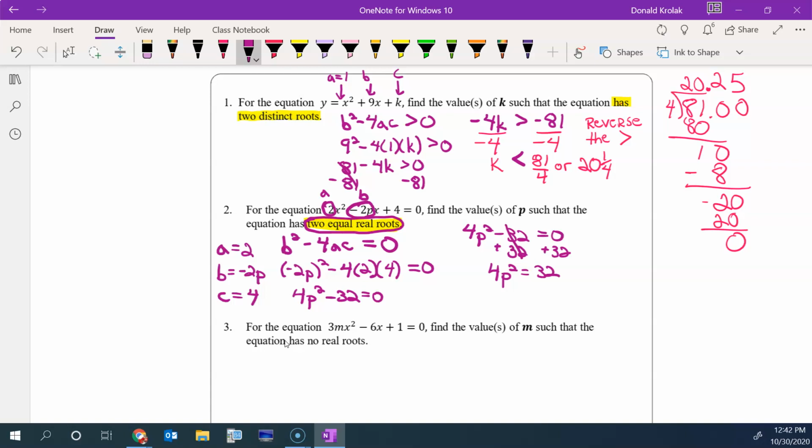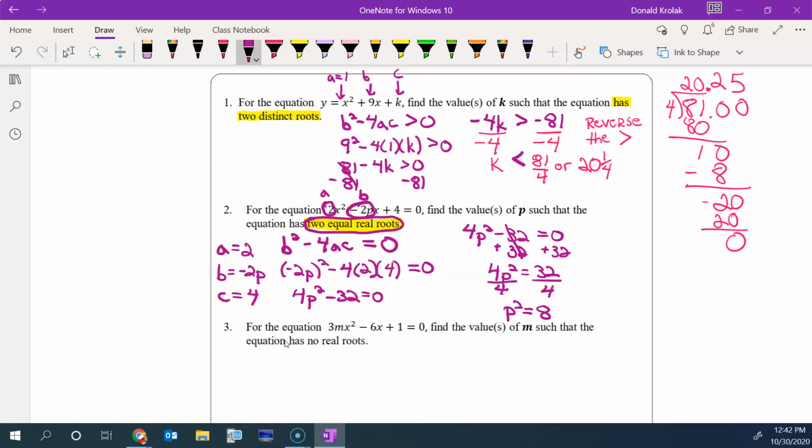And now I divide both sides by 4. Right, because here, it was an equal, so I don't have to worry about that.